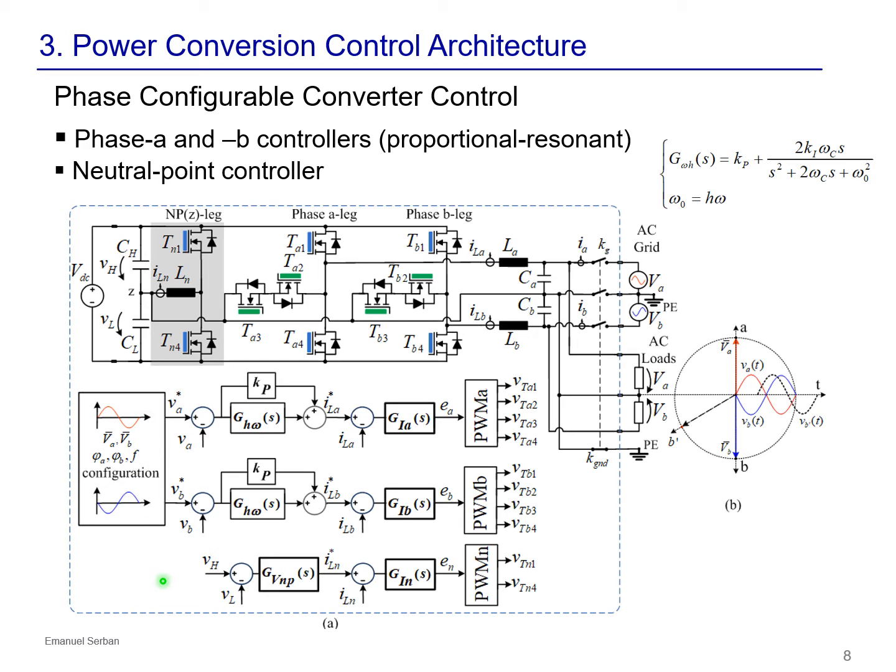The neutral point controller is independently controlled from VA and VB and is just balancing the voltage between the high side and low side capacitors CH and CL.